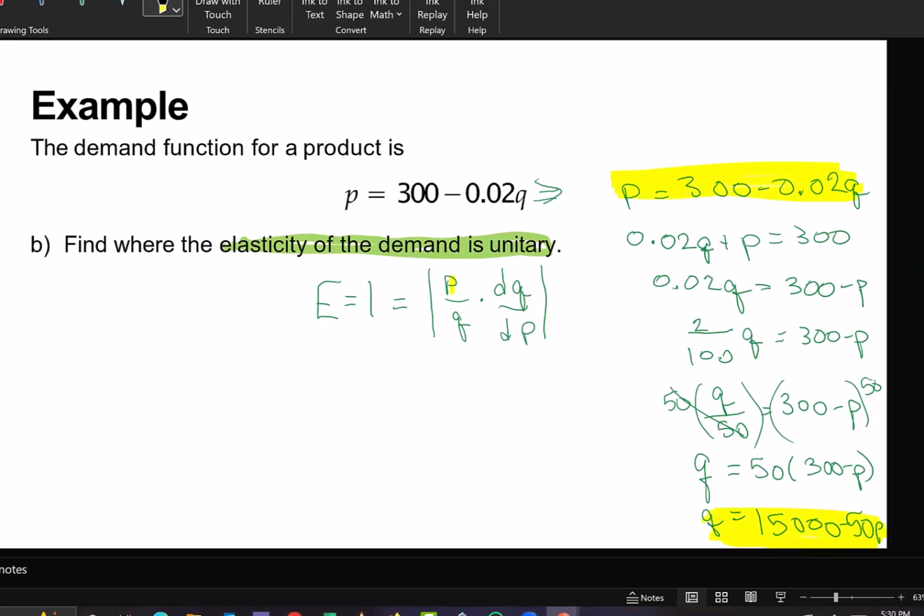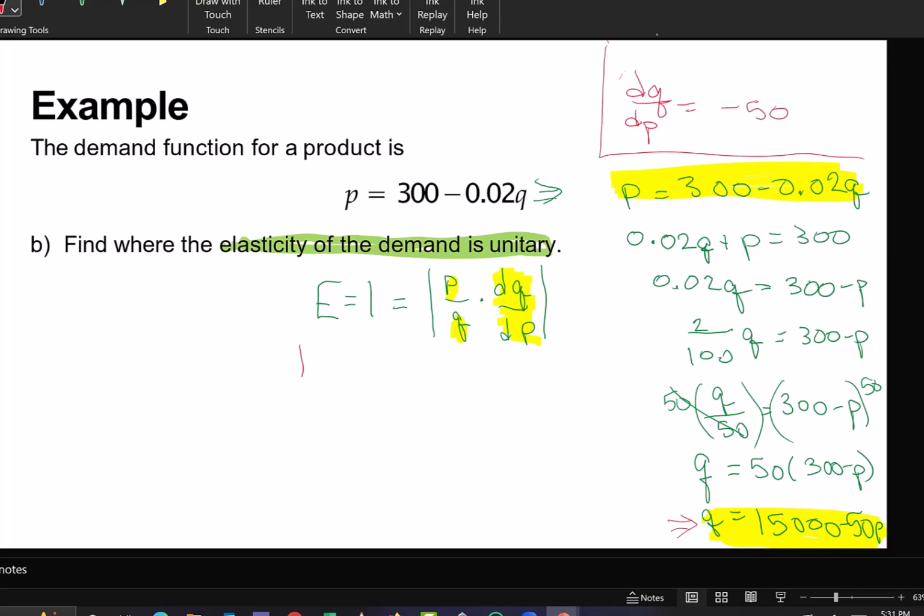I have P. I'm just going to leave it as a P. I have Q. The last thing I need is the derivative of Q with respect to P. The derivative of Q with respect to P is equal to 15,000 goes away, and minus 50P becomes minus 50.